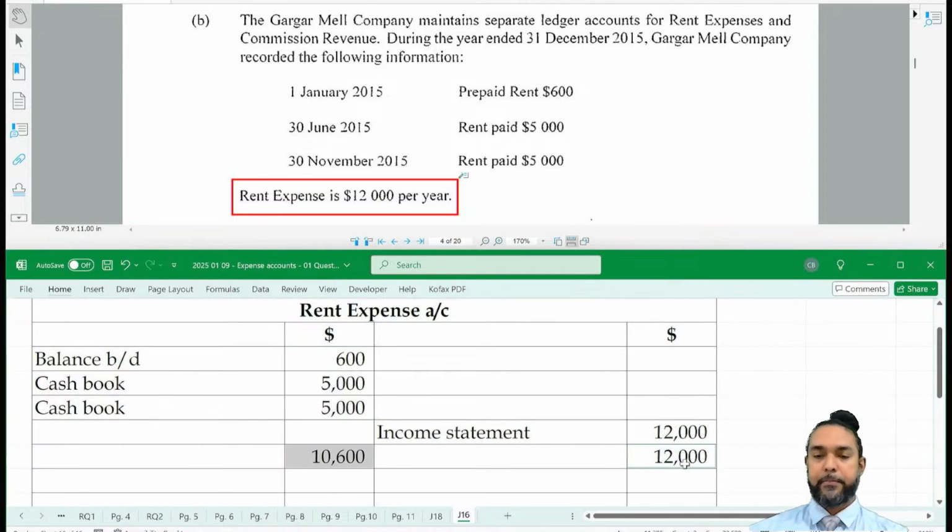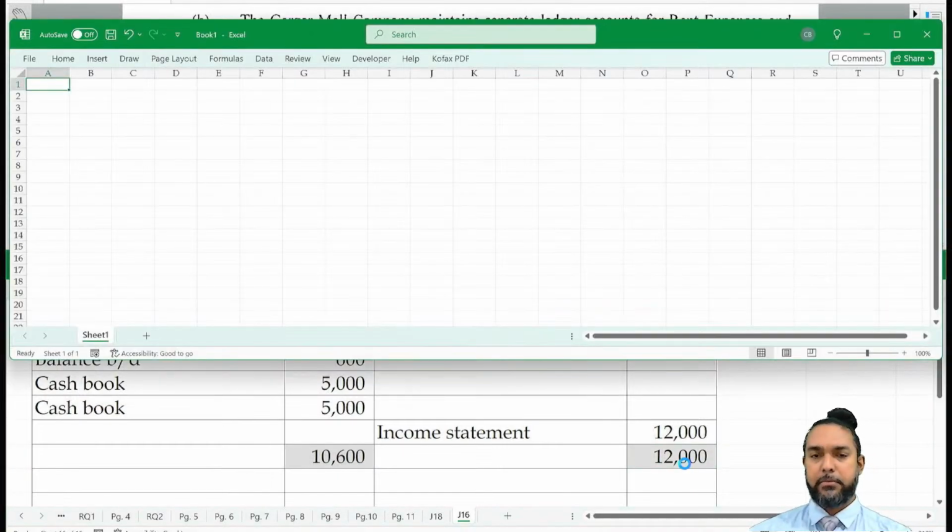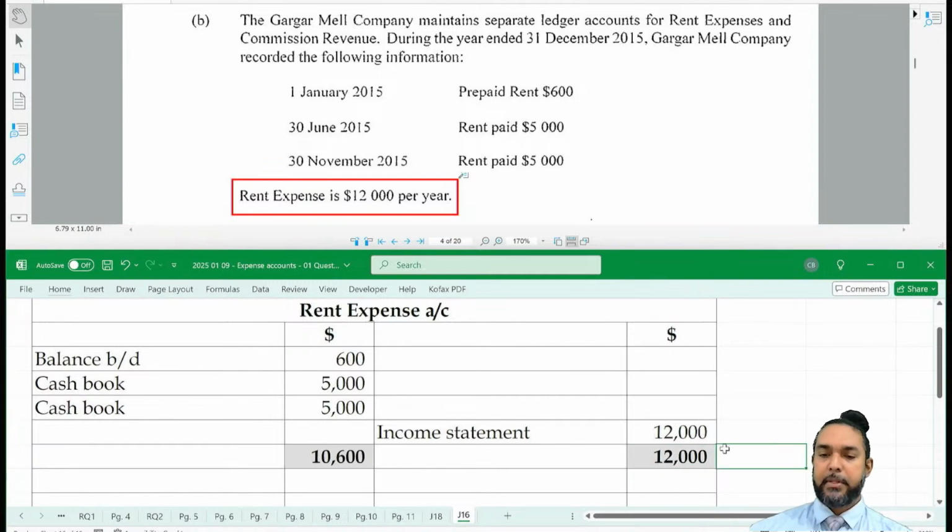So on this side you have the total value of all the payments made in respect of rent. You've paid 10,600: you prepaid 600 last year, and you pay another 10,000 in total. So technically, you've paid 10,600 towards 12,000. But is 10,600 equal to 12,000? Is it more or less? It's less than.